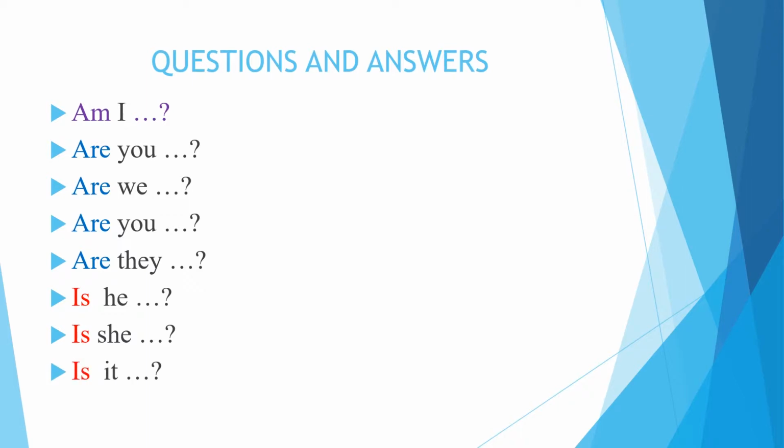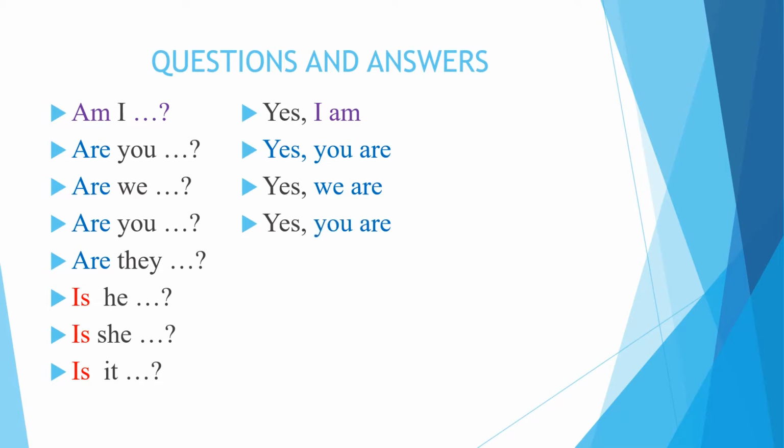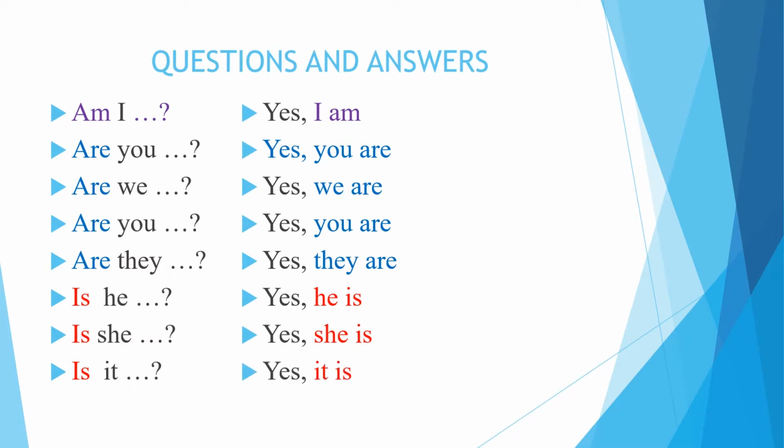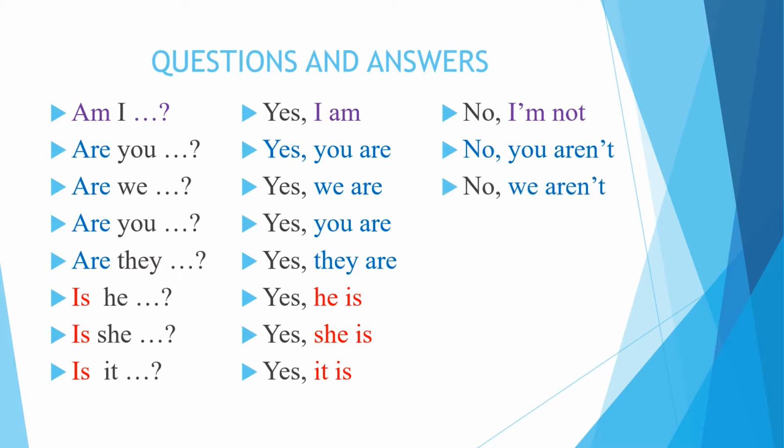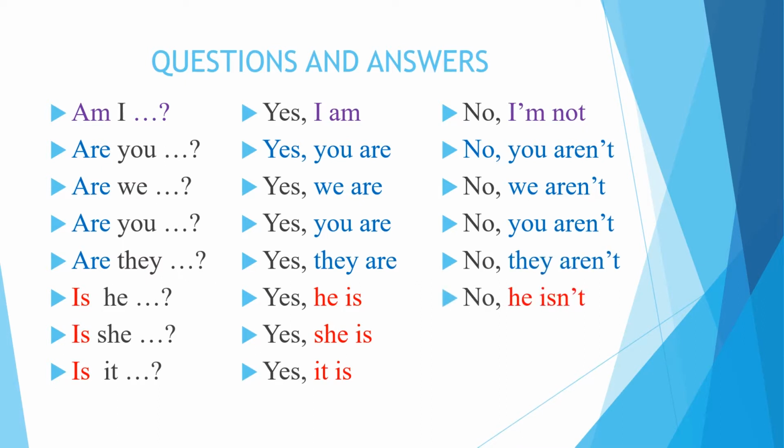The answers could be the following: yes, I am, yes, you are, yes, we are, yes, they are, yes, he, she, it, we say is. When you say no, you say no, I'm not. No, you aren't. No, they aren't. With he, she, it, we say isn't.